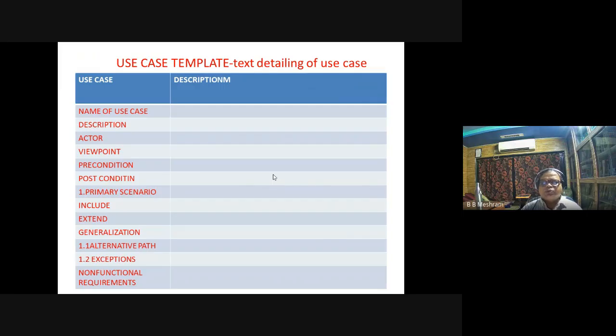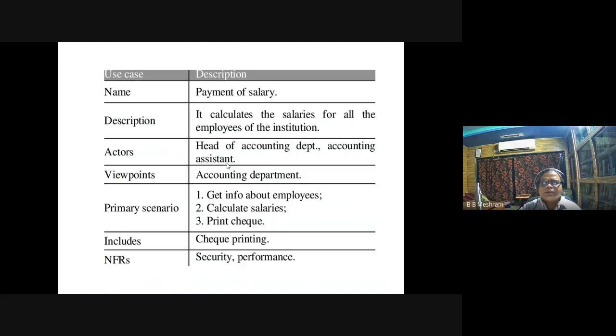Under use case you can write name of the use case, description of the use case, the actor involved in the use case, then viewpoint, precondition, post condition, then you can write the primary scenario, then relationship include, extend or generalization, then you can write the alternative path, exceptions, and lastly non-functional requirements. So you have to use this template for a particular use case diagram.